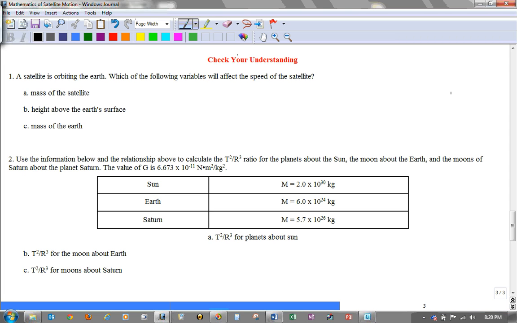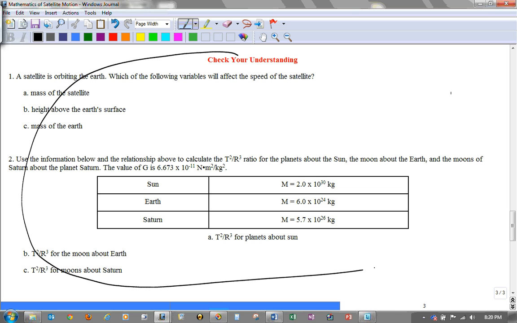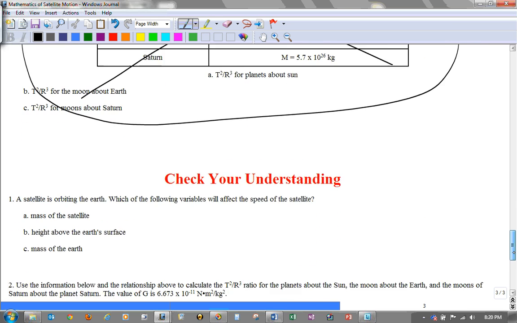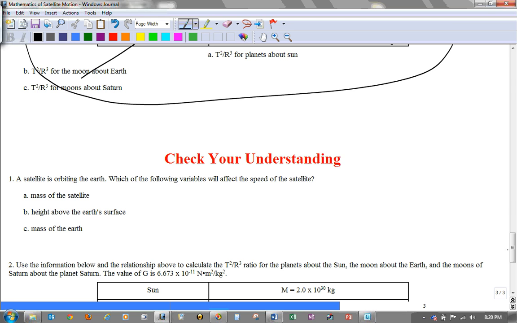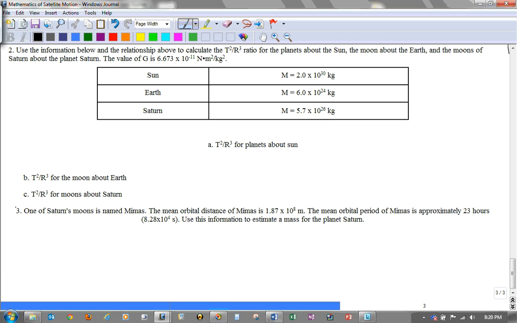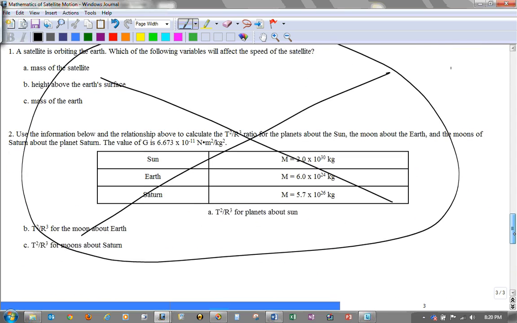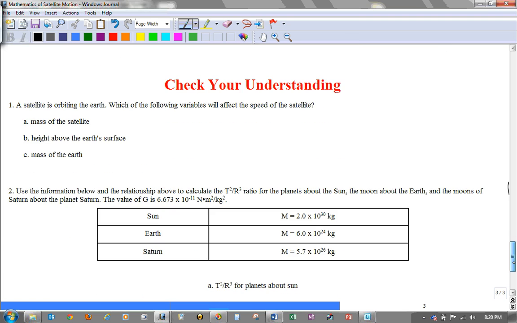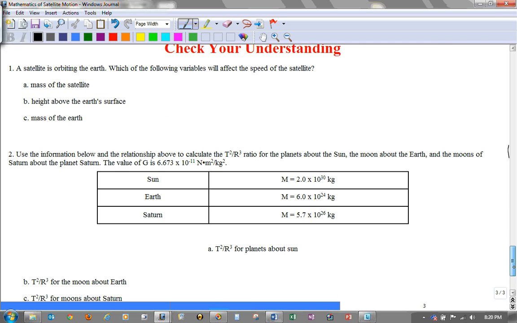This part up here at the top with the smaller writing of Check Your Understanding, you can just cross that out and go to this one. I double pasted it somehow, but I didn't catch the very end of it. So you want to be sure that you do this third part. No point doing it twice, you can just cross out that one at the top of page 3 and just do the larger part down here at the bottom. And that's that.